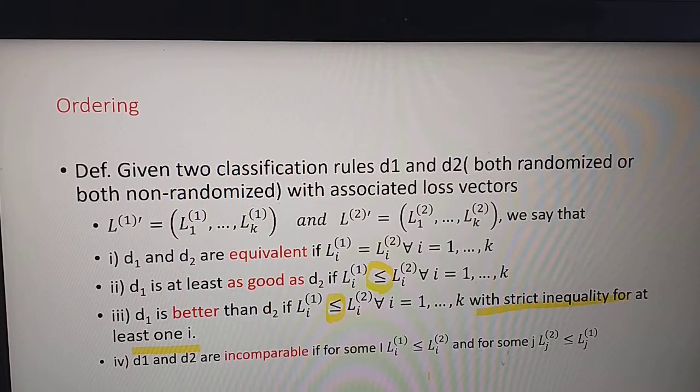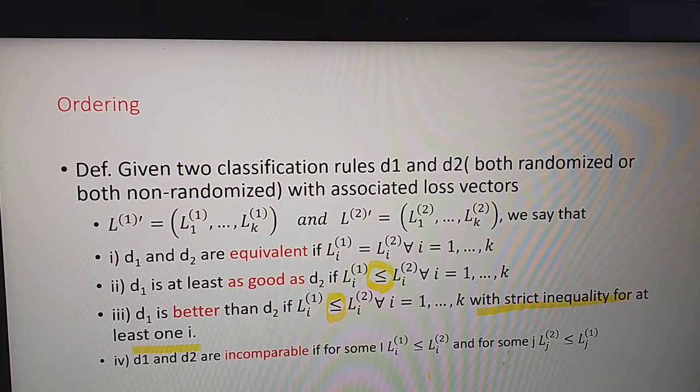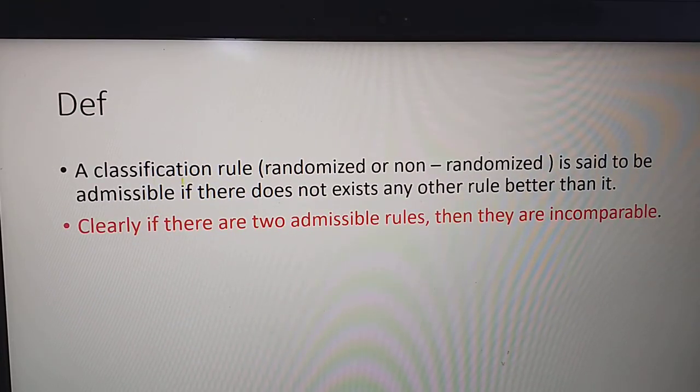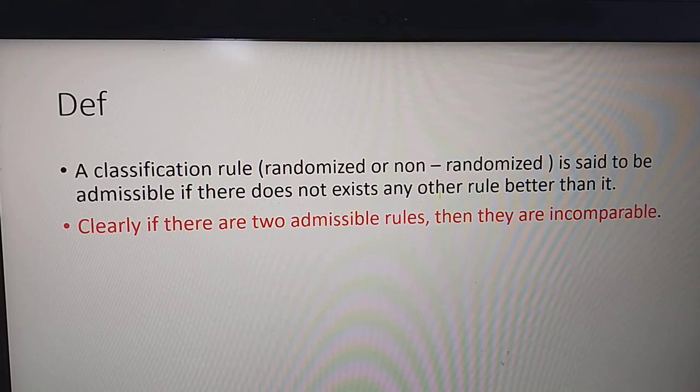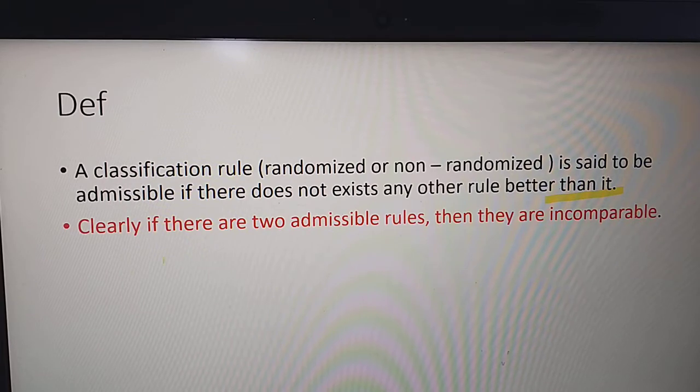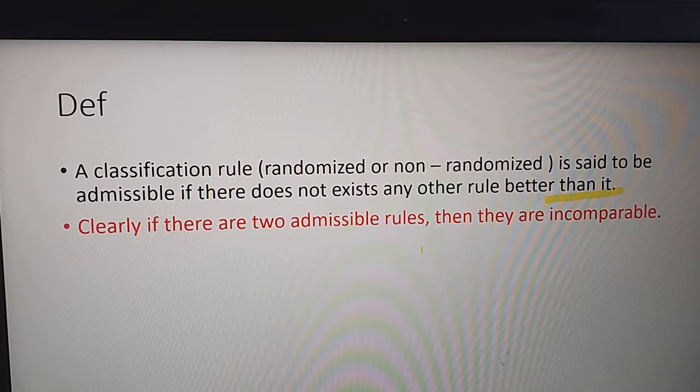In that case, we say that D1 and D2 are incomparable. Okay, last definition. A classification rule, randomized or non-randomized, is said to be admissible if there does not exist any other rule better than it. This is the same definition or concept that we did in decision theory in statistical inference. Clearly, if there are two admissible rules, then they are incomparable.